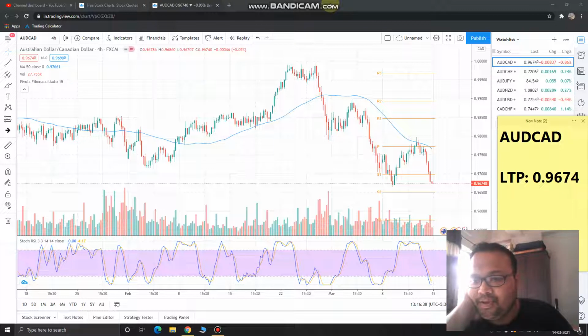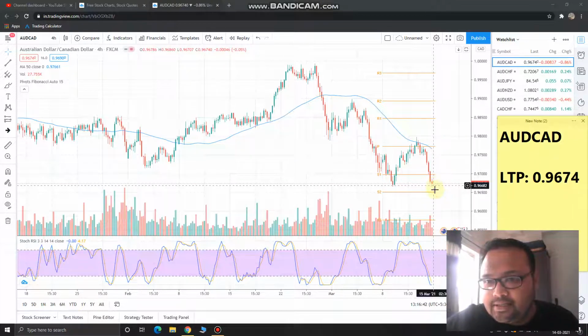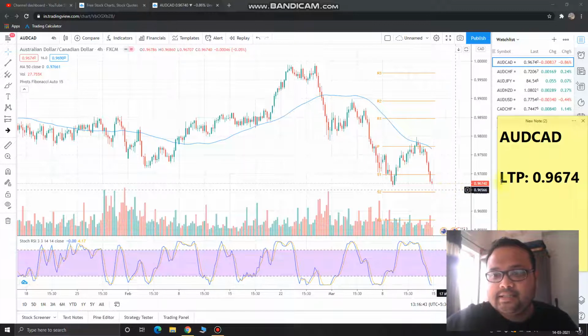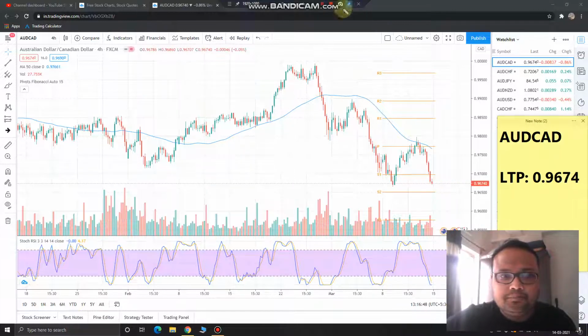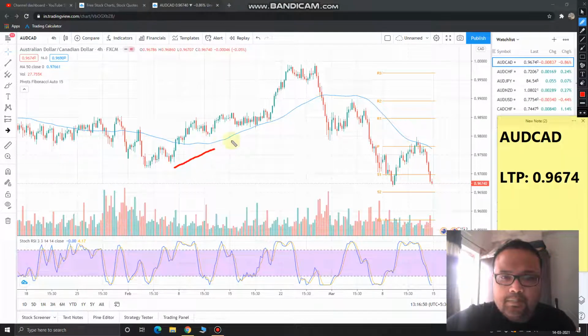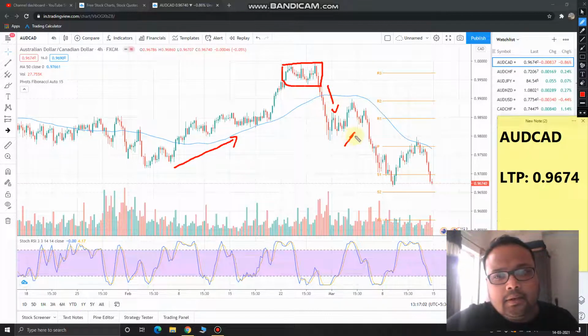So we can see that market's last traded price is 0.9674. Let me take out the pencil. Market was in uptrend, no doubt, and market went sideways for a while, and after that market came down. Market went up a little bit and market fell again.